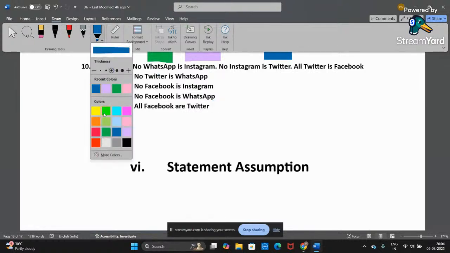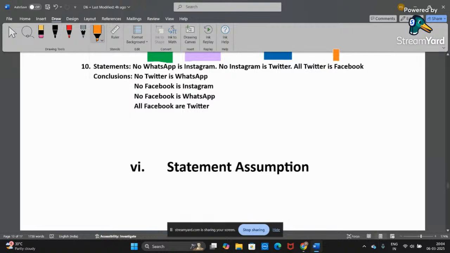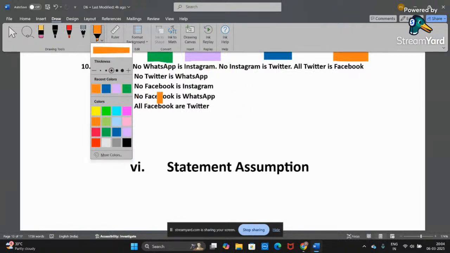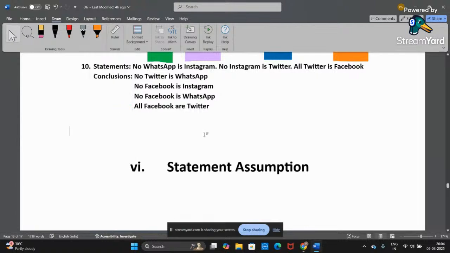Facebook with orange. These are the colors we are going to use now. Okay. No WhatsApp is Instagram. Write it separately. Which color is WhatsApp here? One second.